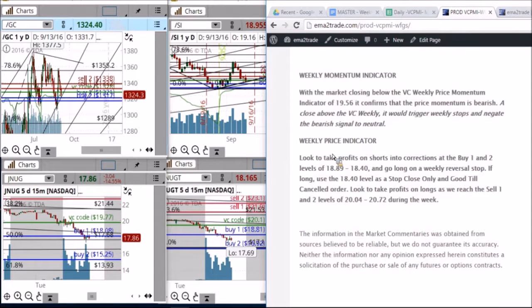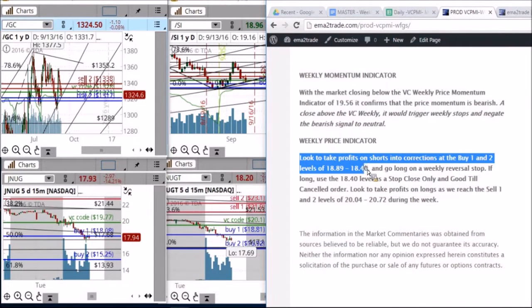The weekly price indicator tells you where you should take your profits. And this identifies for us, once again, the demand levels that you see here, buy 1 and buy 2.